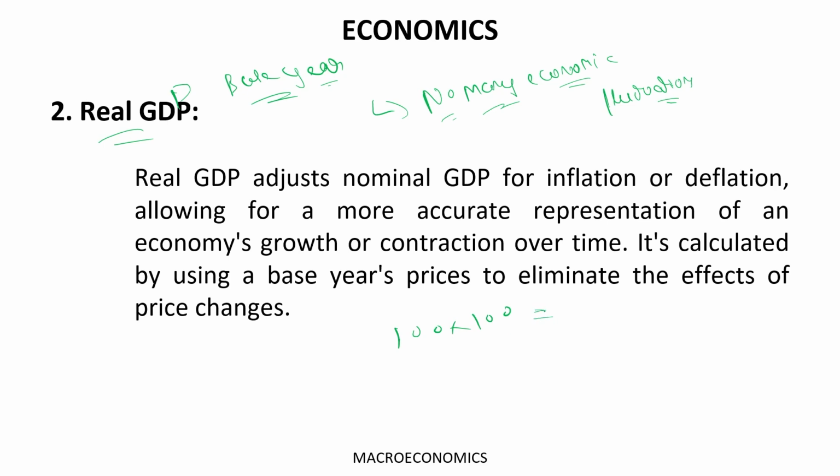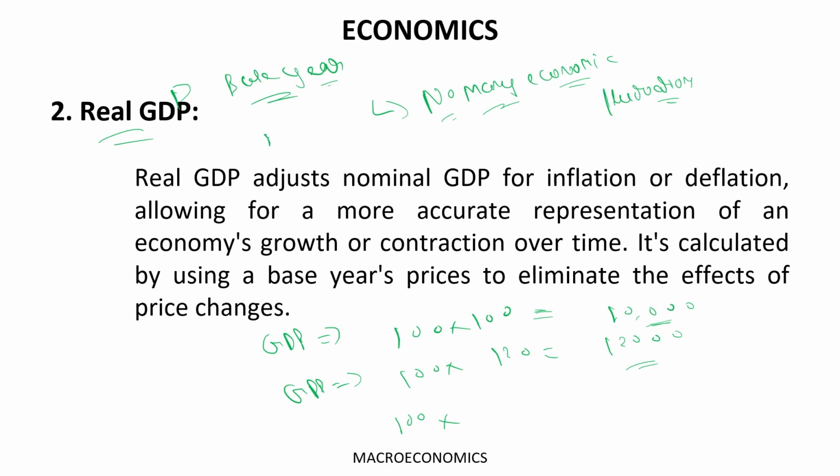Okay, like you can say it is the first picture. Now in the second picture, what we saw is that units were remaining the same, but the prices got high, due to which there is a change in GDP. So it is on the basis of nominal GDP. But what the real GDP will do, it will take the price of the base year.